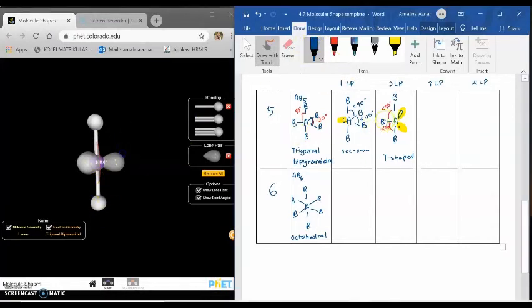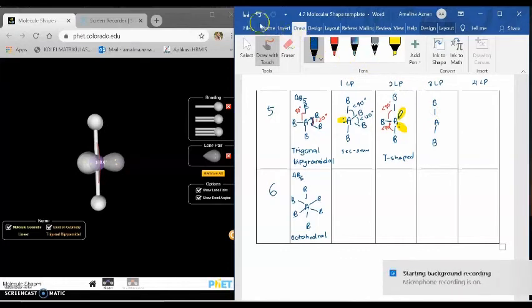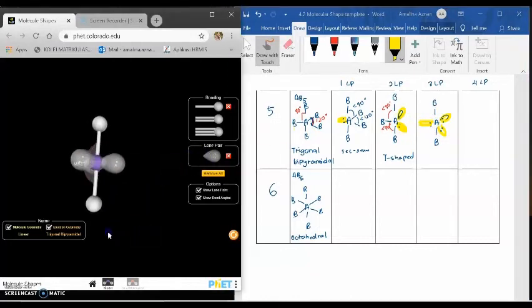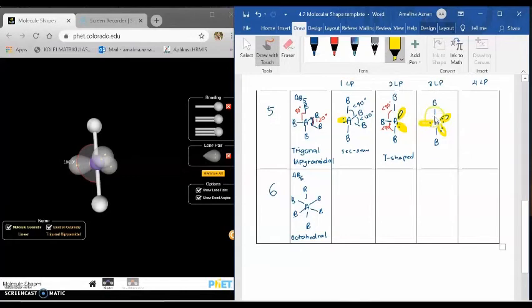Okay, so this structure as reference for you to draw the geometry. Right, so you have 1, 2, 3 lone pairs.